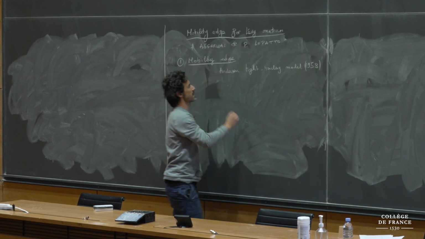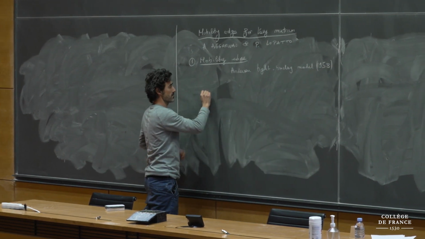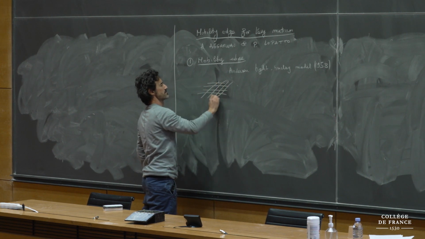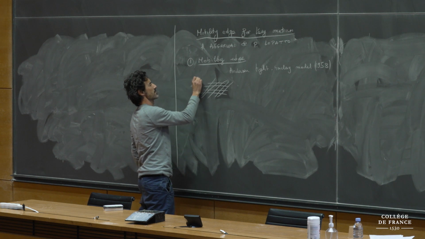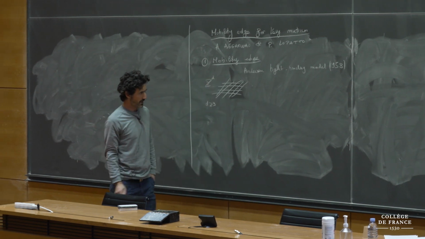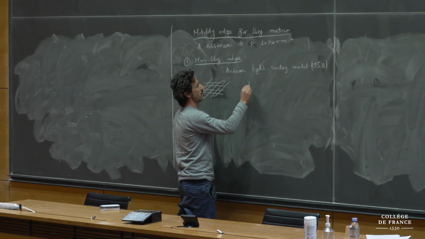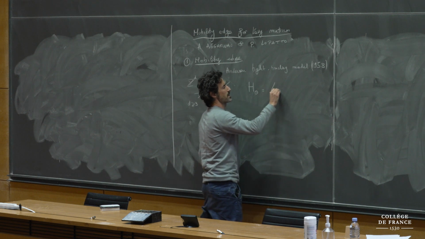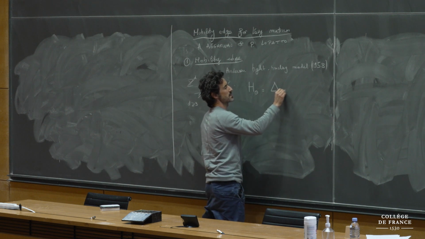What is that? You consider an operator on Z^d, and the dimension is larger than 3. You consider an operator of the following form, which is a Laplacian on Z^d. So this is a discrete Laplacian.